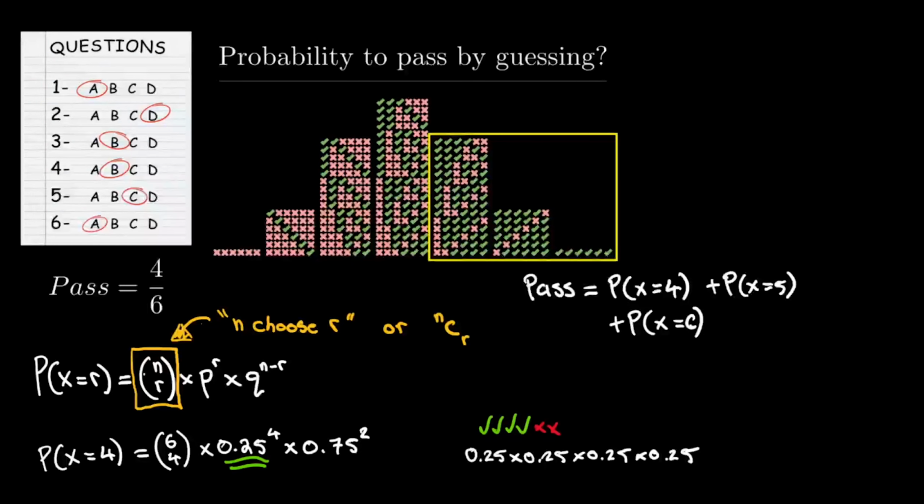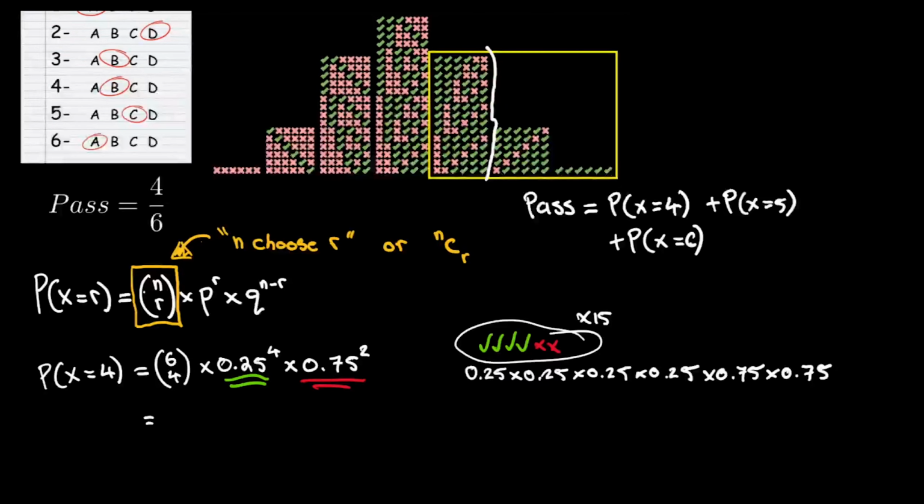And then to calculate the probability of this event, I've got 0.75 times 0.75, which is where I've got 2 of these 0.75s coming into play. And this is just for one event, and looking at all the possible outcomes, there are 15 of these. So I need to multiply these probabilities by 15. And this is where the 6 choose 4 comes into play, because that tells me I've got 15 possible outcomes times the probability of getting them correct and the probability of getting them incorrect, respectively.